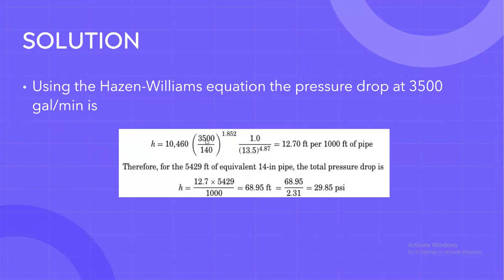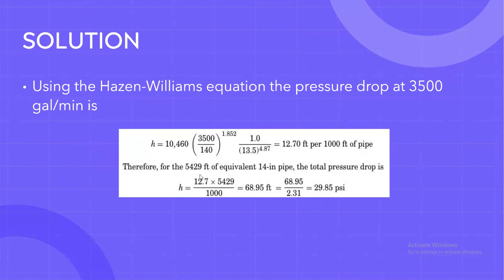This is the 3,500 gallons per minute, and this is just 1 over. Remember, we're using the 14-inch diameter, but the inside diameter is that. So if you go to the previous presentation, you'll see this form of the Hazen-Williams equation. Therefore, we found for 1,000 feet, our head loss is 12.7 feet.